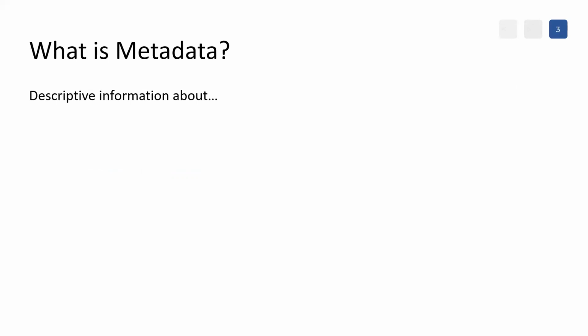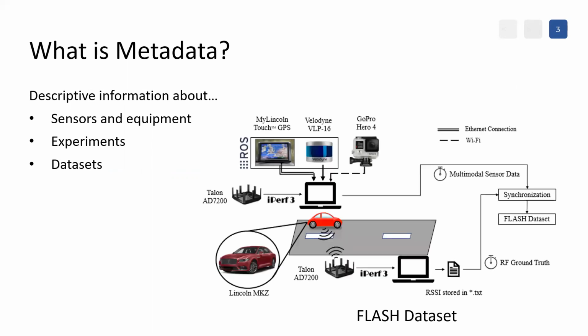So first of all, what is metadata? Metadata is any descriptive information about sensors and equipment, experiments in general, or data sets in general. As an example, here's a snapshot of our Flash data set, which in brief is a multimodal data set obtained through millimeter wave beam selection in vehicular networks.